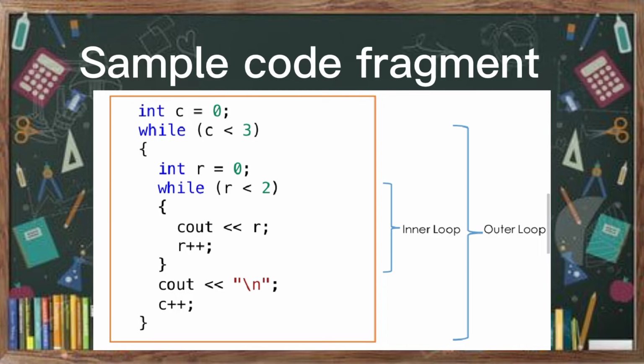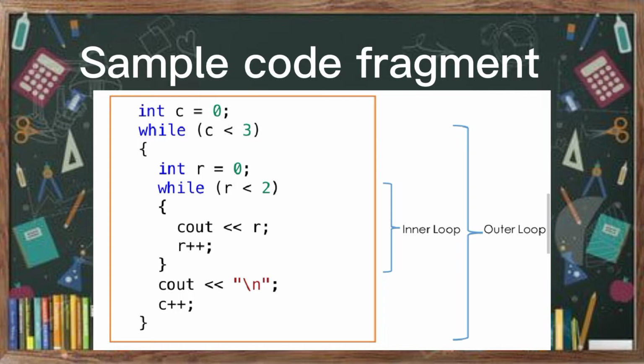Since r, which is 1, is still less than 2, it goes to the statement within the inner loop, which prints 1. It then increments again the value of r, where r now becomes 2. The condition in the inner loop is re-evaluated, and since r, which is 2, is not less than 2, the inner loop is terminated.